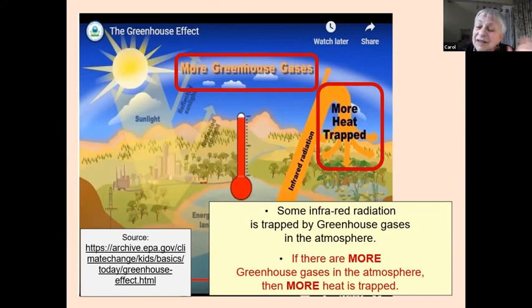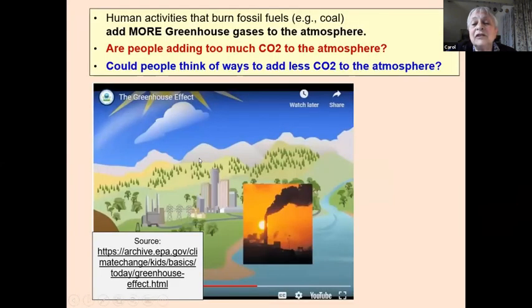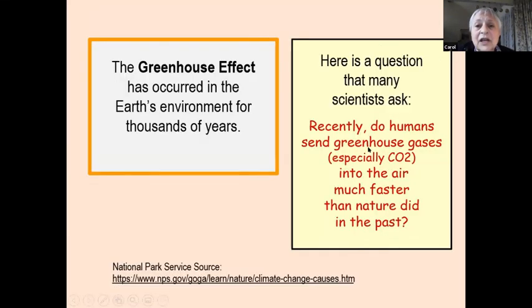Is this what is contributing to the earth getting warmer, to many places in the United States getting warmer? And some questions that we can ask: are people adding too much CO2 to the atmosphere? Could people think of ways to add less CO2 to the atmosphere so that we can slow down the amount of greenhouse warming that's taking place?